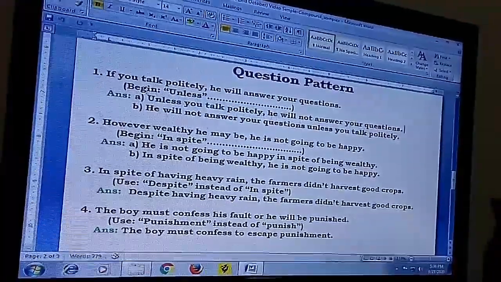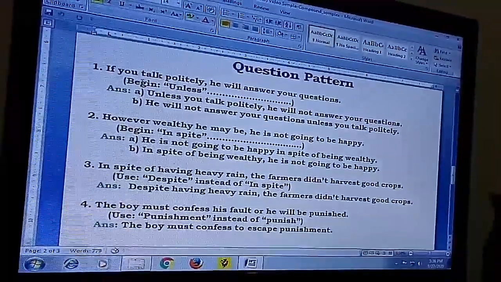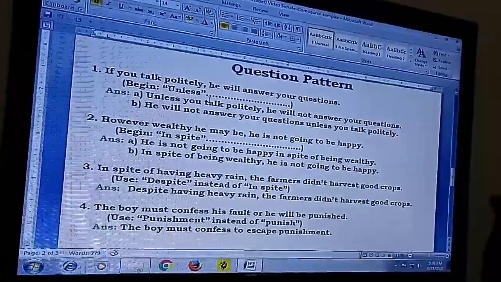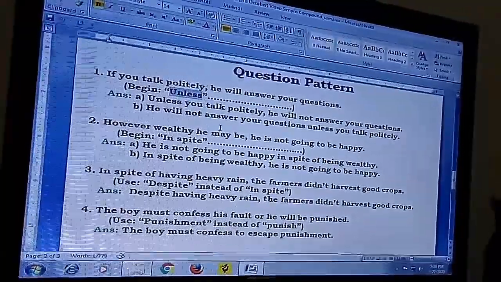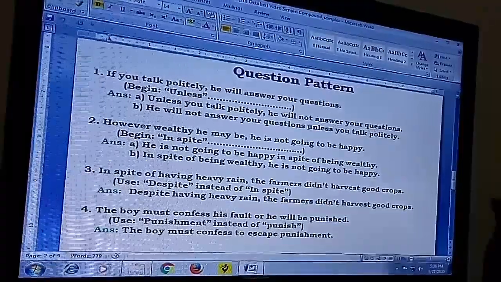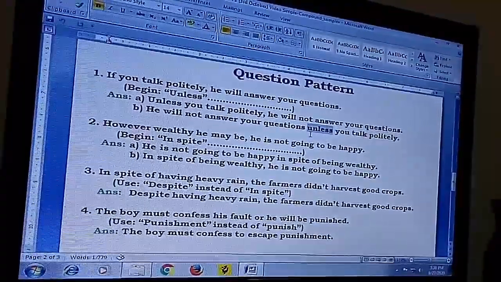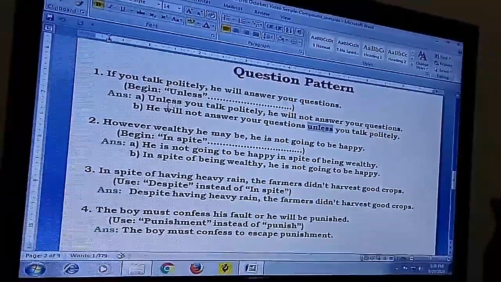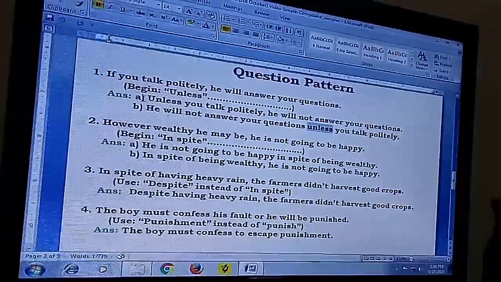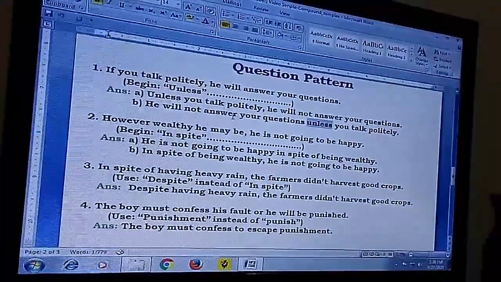Now, since it is said "begin with unless"; suppose it was said "use unless", then this word "unless" can also be used in the middle of the sentence. That is why I have given the two answers here. Although the question says begin, obviously you have to give the first answer, A. But suppose they say "use unless", then two answers are possible.